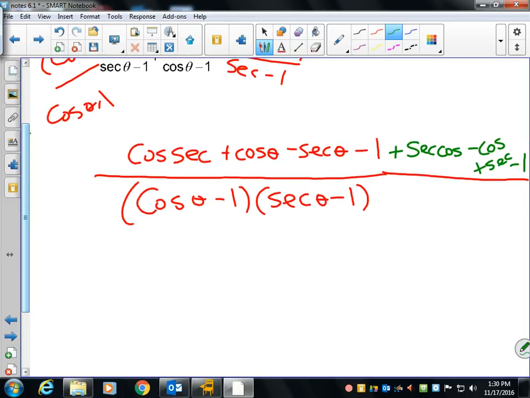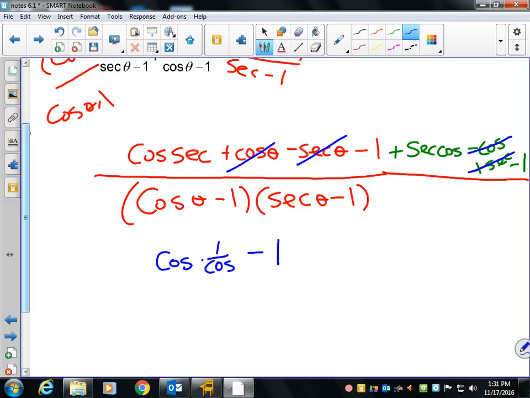If we're going to carry on, some of you will notice I have a plus cos and I have a minus cos, so that crosses off, right? I also have a minus secant and a plus secant, right? Now, cos times secant is like saying cos times 1 over cos, right?